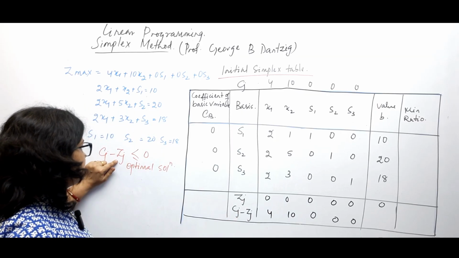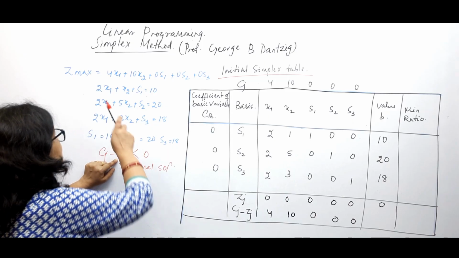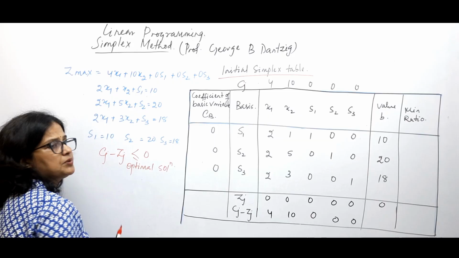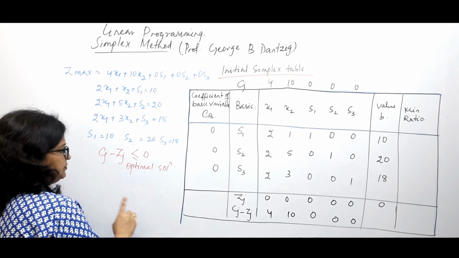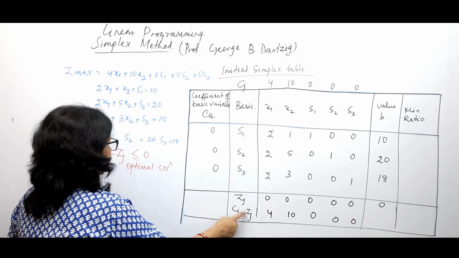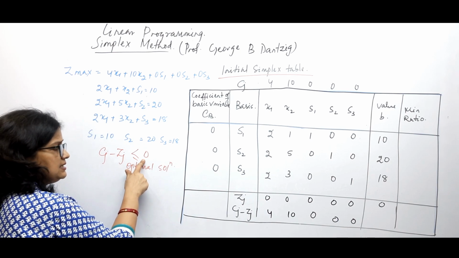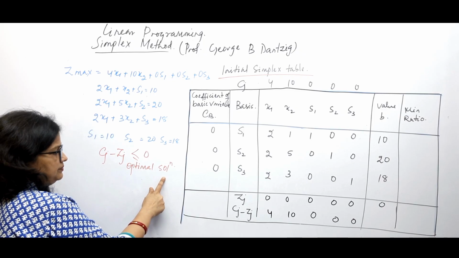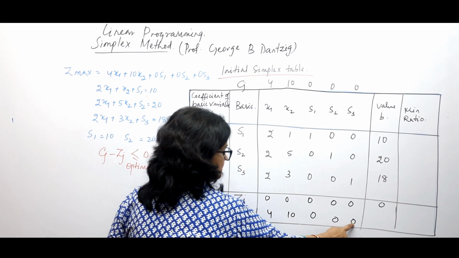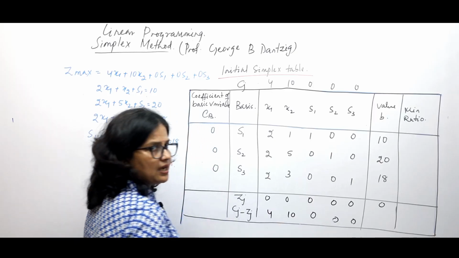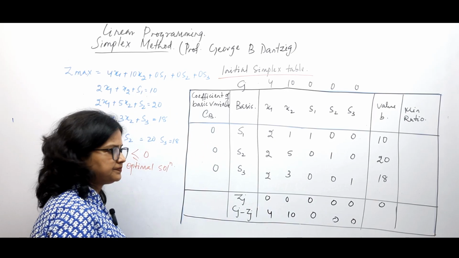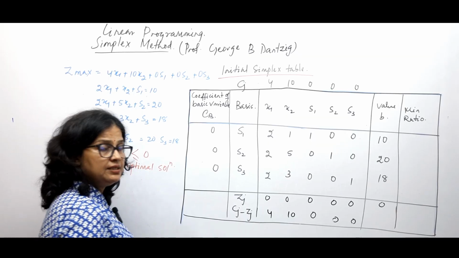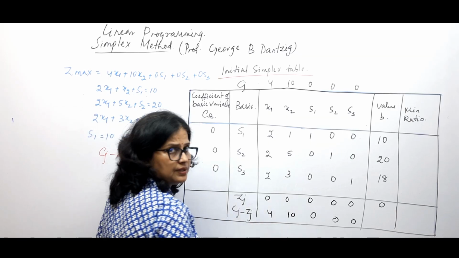If the Cj minus Zj value for a maximization case is less than or equal to 0, then we get the optimal solution. Once again, if Cj minus Zj is less than or equal to 0, we can get the optimal solution. So all the Cj minus Zj values should be negative or 0. But here we are getting positive values and 0.